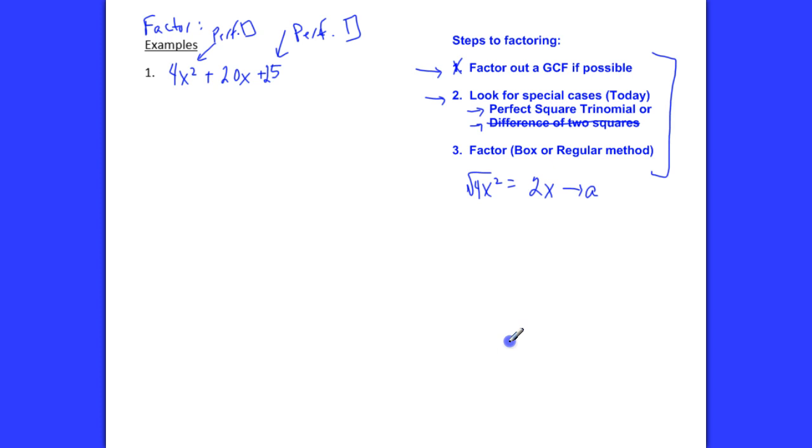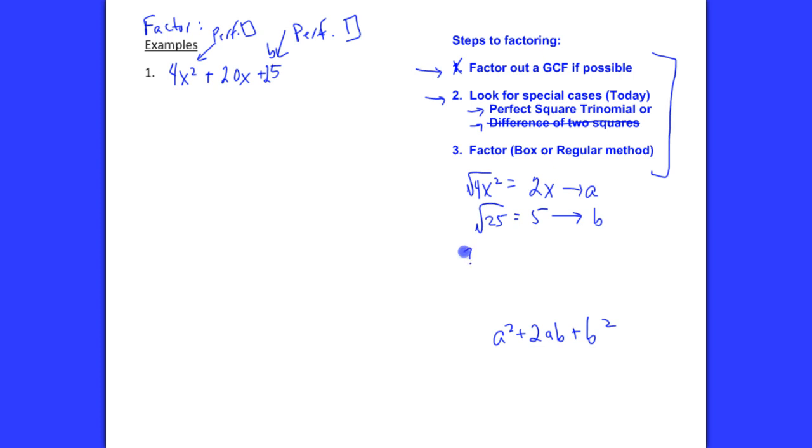Because remember the pattern is a squared plus 2ab plus b squared. I'm looking to see if this polynomial fits this pattern. Well, 2x would be a. Then I want to know, is that b right there? Is 25 a perfect square? Well, that's pretty clear that it is, because 5 times 5 is 25. So that's b. All right, so far so good.